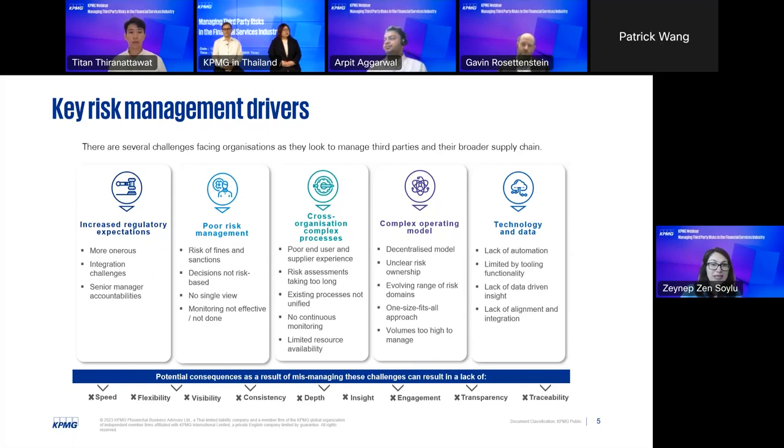We know in all the organizations we have complex operating models. Sometimes it is federated, sometimes it is coordinated a little bit better, but there's high volumes to be responded, and our risk domains are never-ending. They're continuously evolving. So we need to be responding to more complex needs, but in a more broadened space.